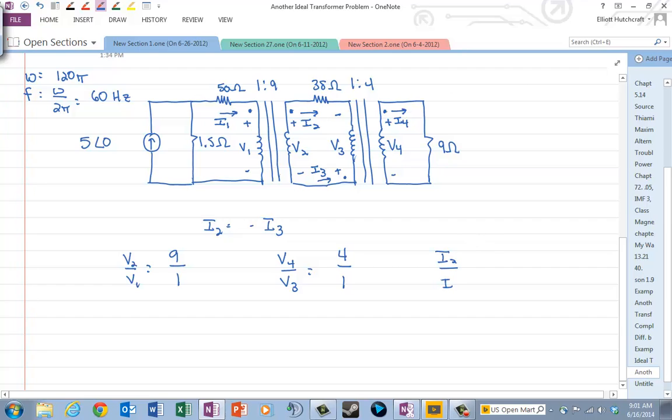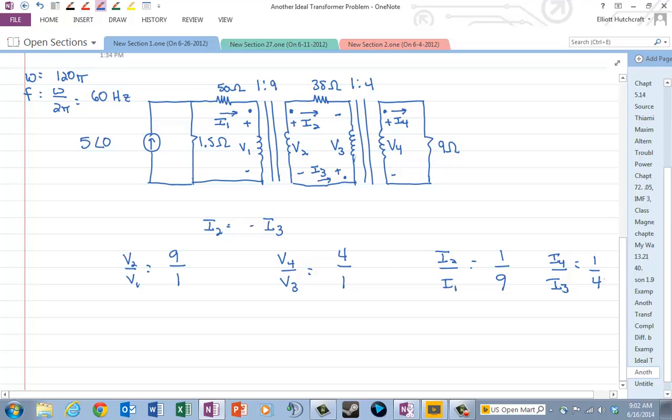I2 over I1 is 1 over 9, and I4 over I3 is 1 over 4. So that gives us basically the ideal transformer equations that we need, and so we should be good to go.